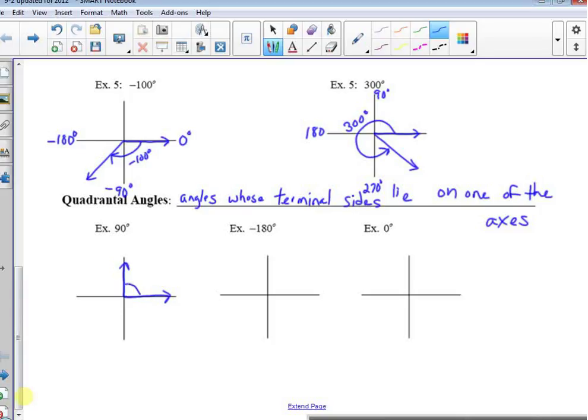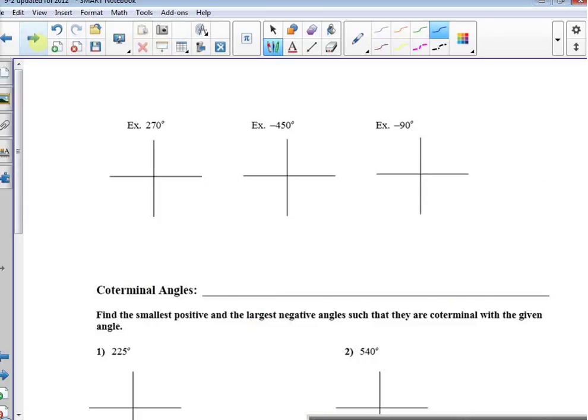There's 90 degrees. Another one, negative 180: initial side, terminal side, directional arrow, label. Going nowhere, so 0. Then 270: initial side, terminal side, directional arrow, label.